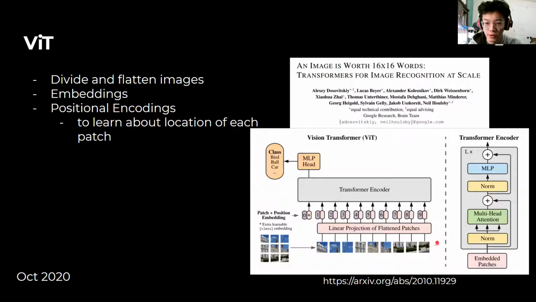So for each patch, we throw it into a linear projection, and then we add a positional encoding in, and then feed it into the transformer, and then all of these embeddings would then go into here, where you can predict, for example, here would be a classifier for birds and balls and cars.